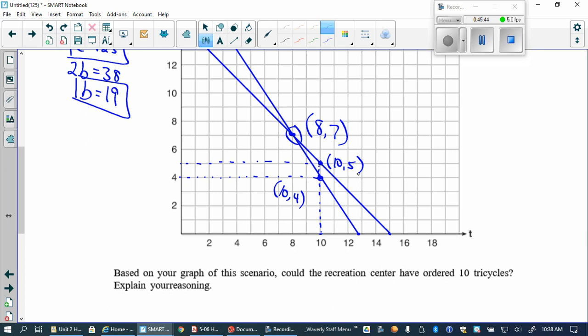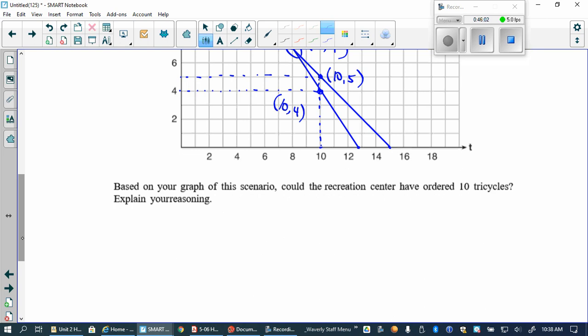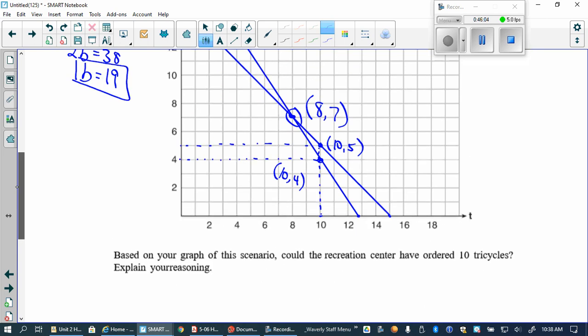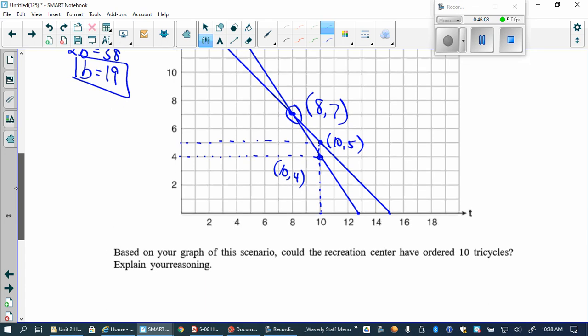But will that make both of the equations true? How many total things is this all together? 14. But how many did it say they bought? 15. So this is not possible. They bought 8 and 7. 8, 7 is the only point that makes both of the equations true.